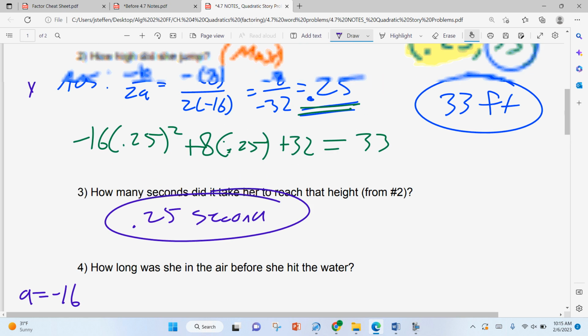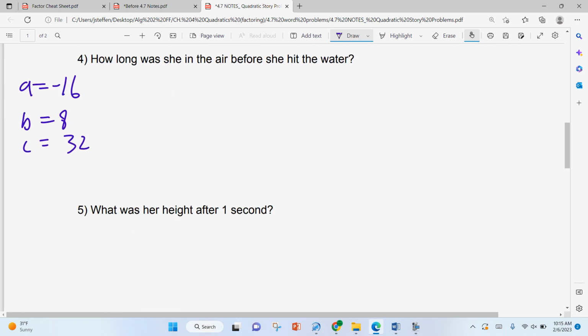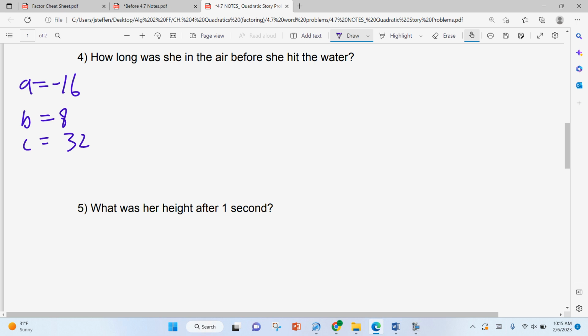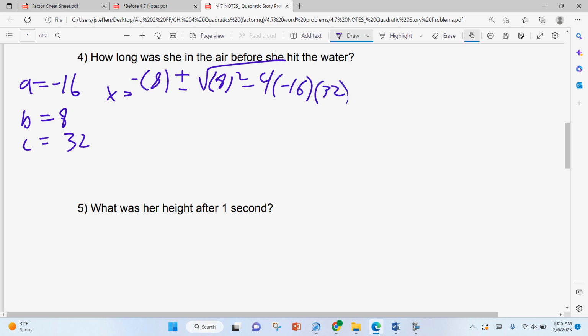And I know it's going to look a little intimidating. Go ahead, plug it in and put it in your calculator. So I have my negative b, plus or minus the square root of b squared, so 8 squared minus 4 times a times c.